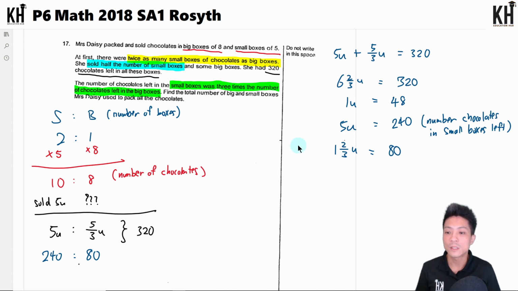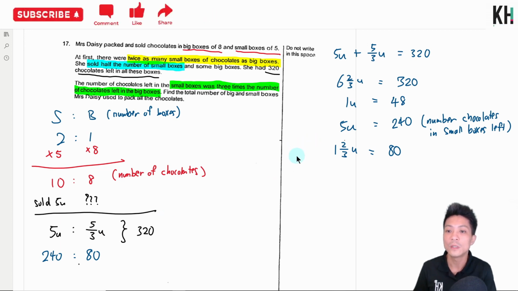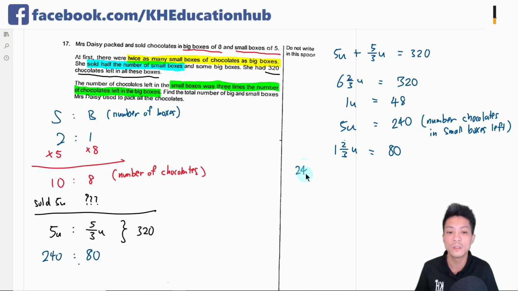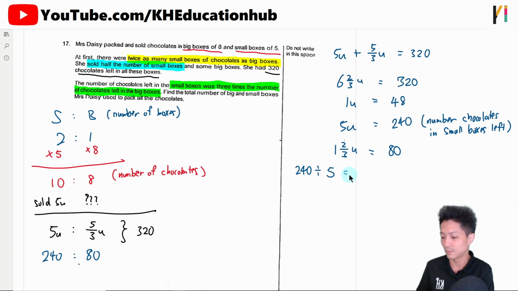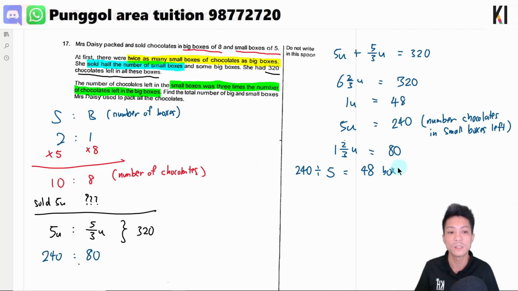So the next step that I need to do is find how many small boxes there were at first. So 240 divided by 5 will be 48 boxes.